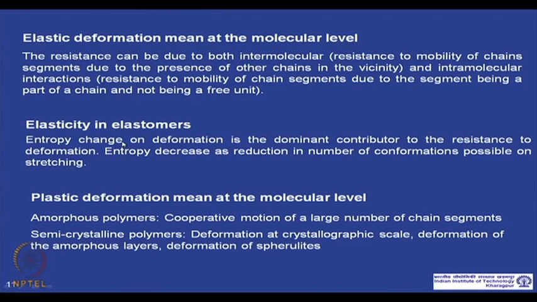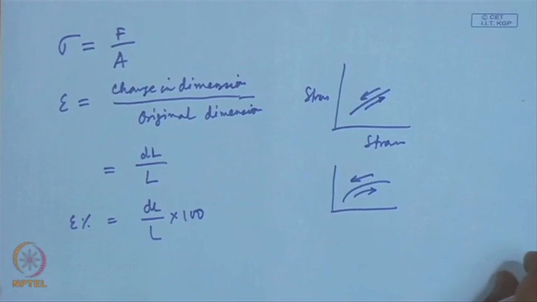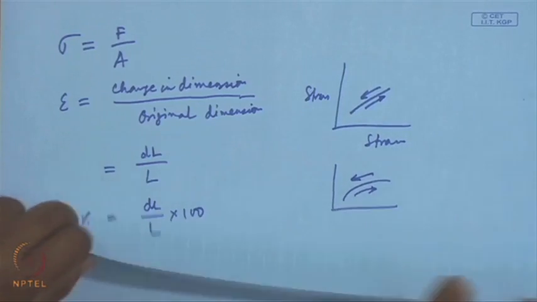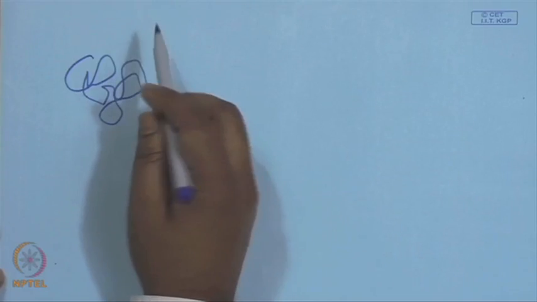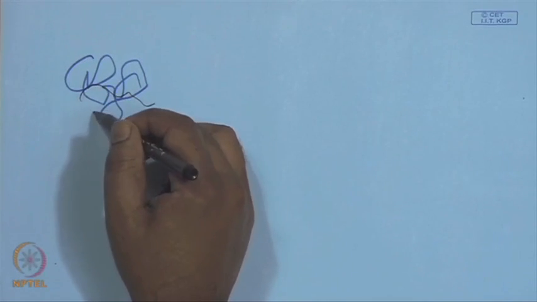Elasticity in elastomers: elastomers are very elastic, so they elongate quite a lot, and entropy change on deformation is the dominant factor in the resistance to deformation. In an elastomer, the polymers have a coil type conformation in the normal case. If you draw the polymer chain conformation like this, in real polymer different chains are entangled with each other.